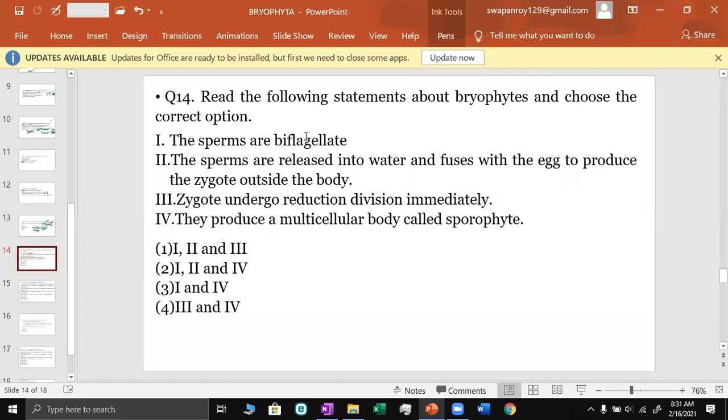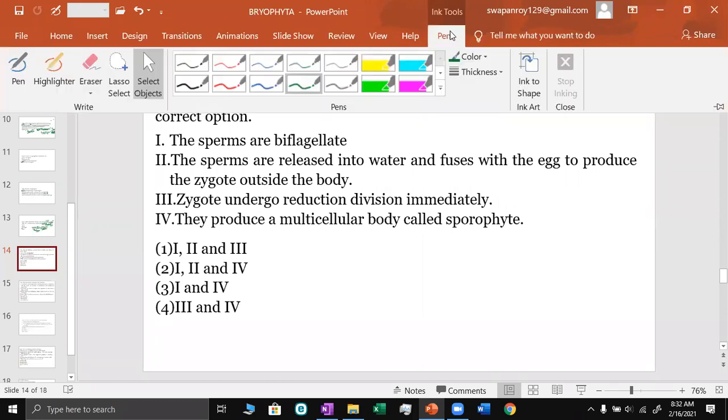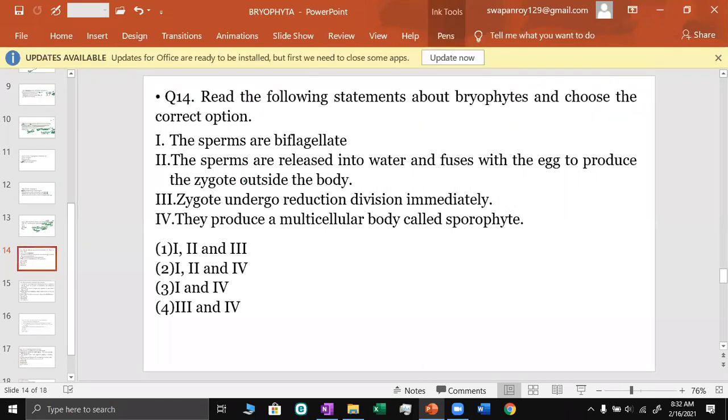Read the following statements. These are a little bit difficult questions. How many are correct? One, the sperms are biflagellate. Two, the sperms are released into water and fuse with the egg to produce zygote outside the body.